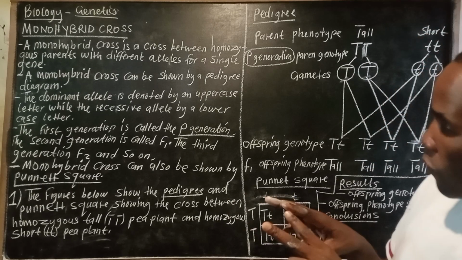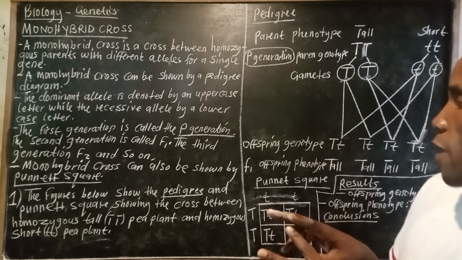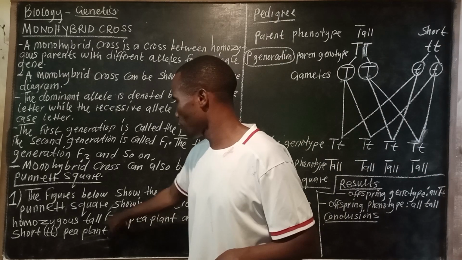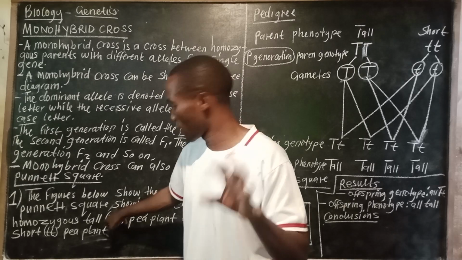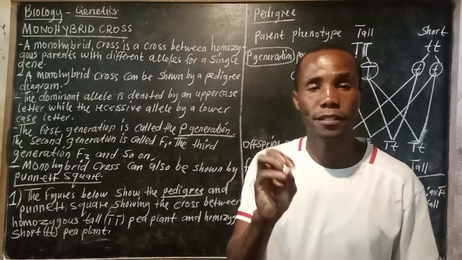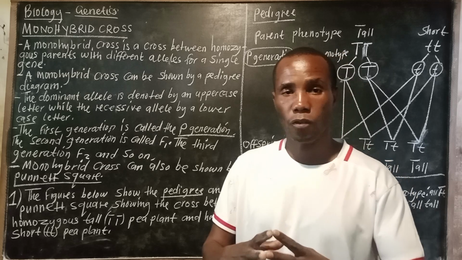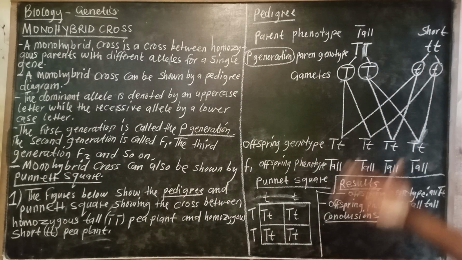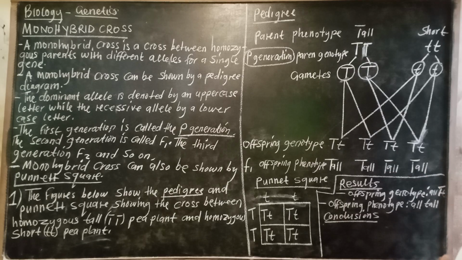The reason we are saying these two parents are homozygous is because when you look at this one, we have the dominant, TT. Then the other one, we have the recessive, tt. So we call that homozygous. Then let us start with the pedigree.